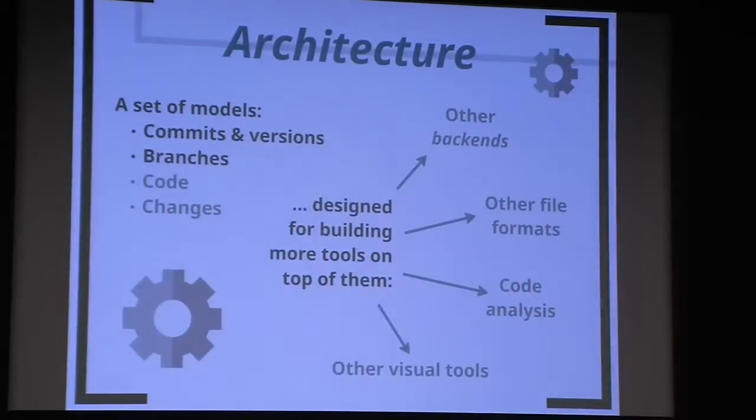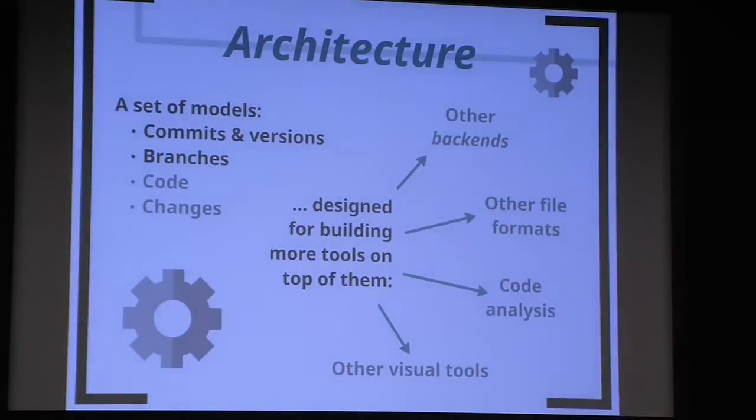Iceberg is also about an architecture, because I don't want to build lots of tools, but I want to build a set of models that will allow anyone to build tools on top of it. Right now we have a nice commit model and versioning model.